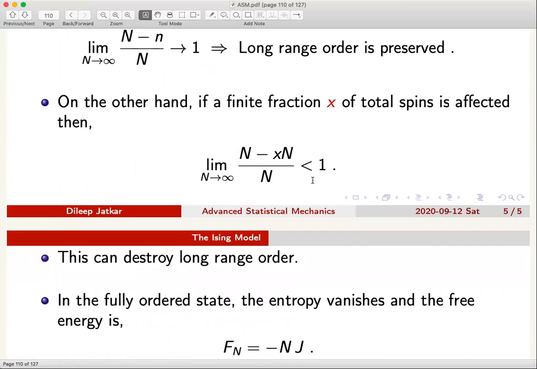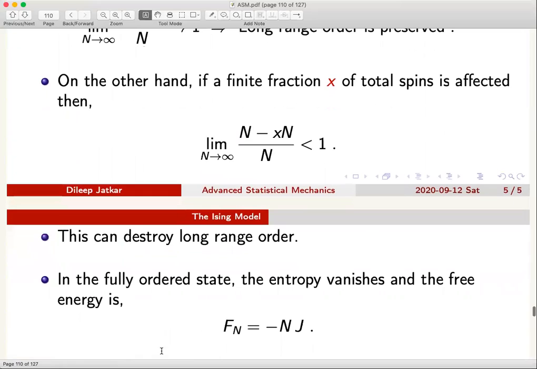Now, in the fully ordered system, the entropy vanishes, and the free energy is given by F = -nJ. The entropy vanishes simply because in the fully ordered system, all spins are pointing in the same direction, or all spins are pointing in the opposite direction in the Ising model case. If you look at how many such configurations there are, the answer is just one.